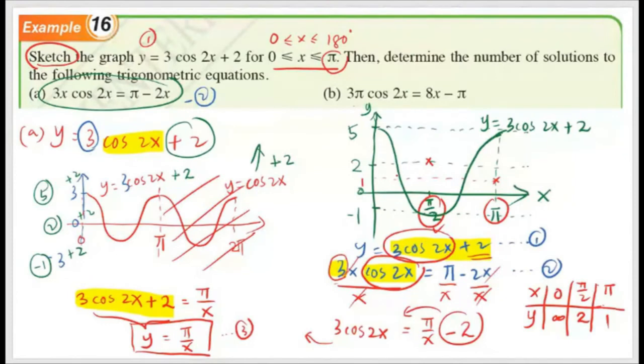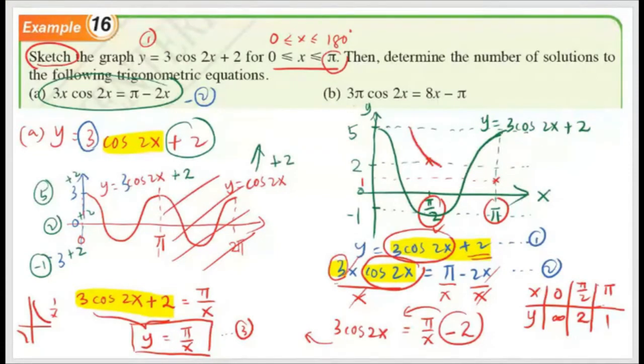So what is the pattern for your graph? Is it a straight line? You see this, y equal to pi over x. For the graph of pi over x, the shape will be like this, right?